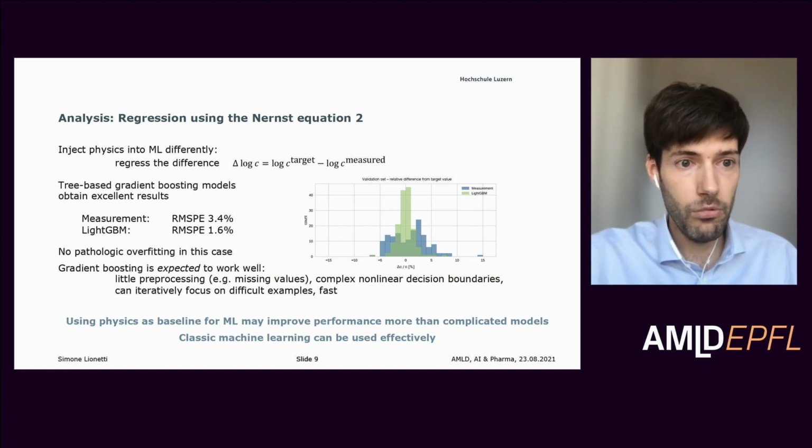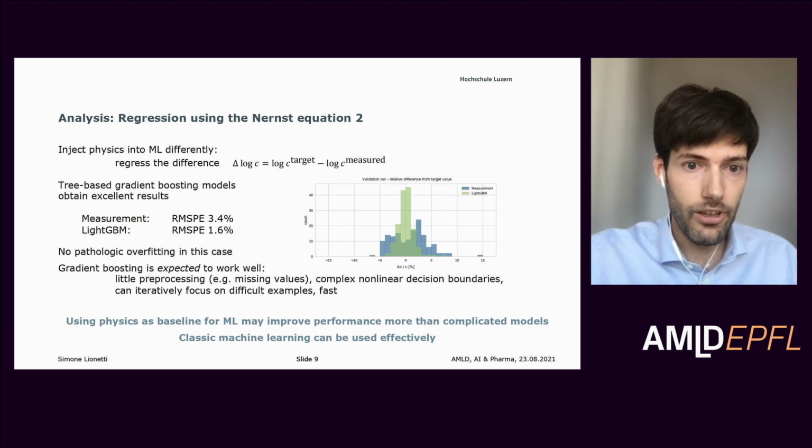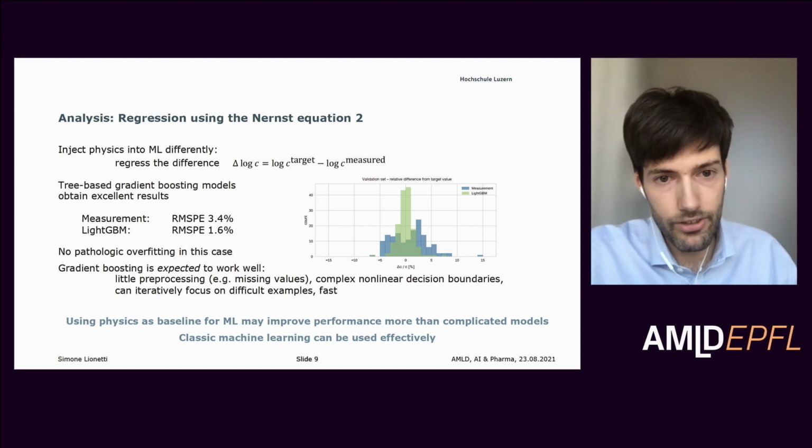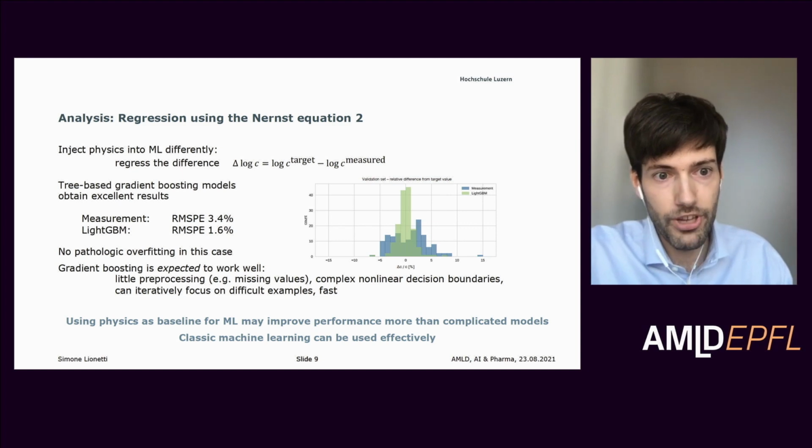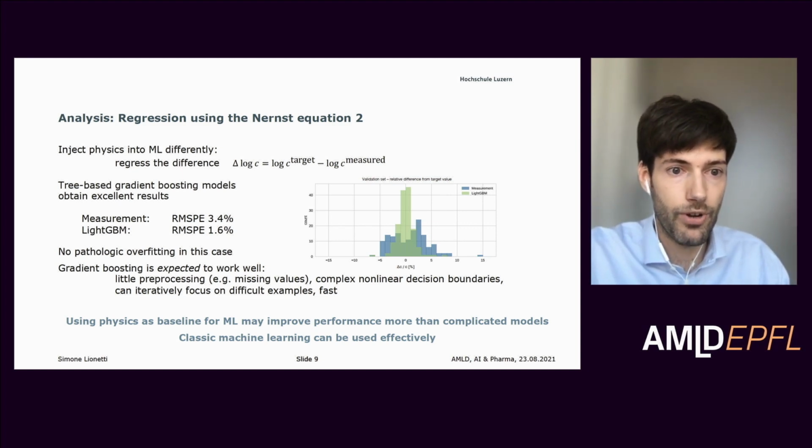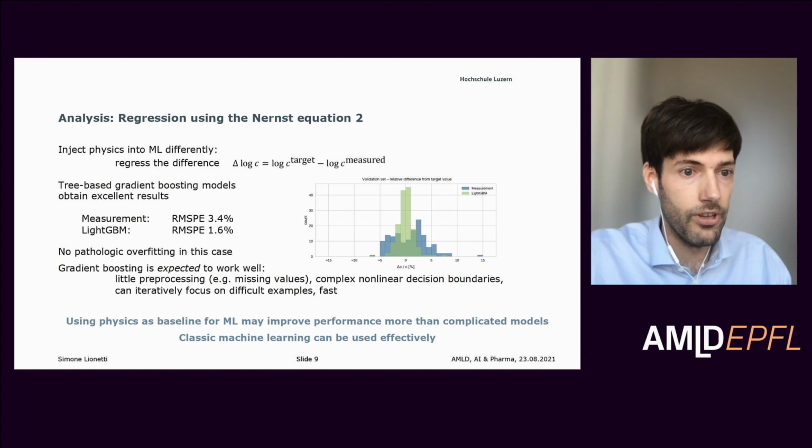If we do this, we observe that tree-based gradient boosting models obtain excellent results. You can see on the right the histogram in green of LightGBM for this case, which obtains an expected error of roughly 1.6%. So this is twice as good as the original result. And in this case, upon inspection, we see no sign of pathologic overfitting.